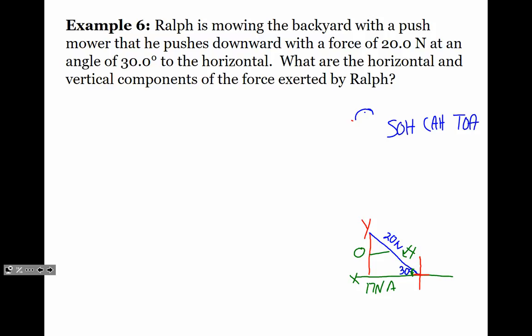I'm going to use the formula that has H and O relationship. So sine of the angle equals opposite divided by hypotenuse. And I get my H out of the way. So I'm going to take 20 newtons and get the sine of the angle 30 degrees.